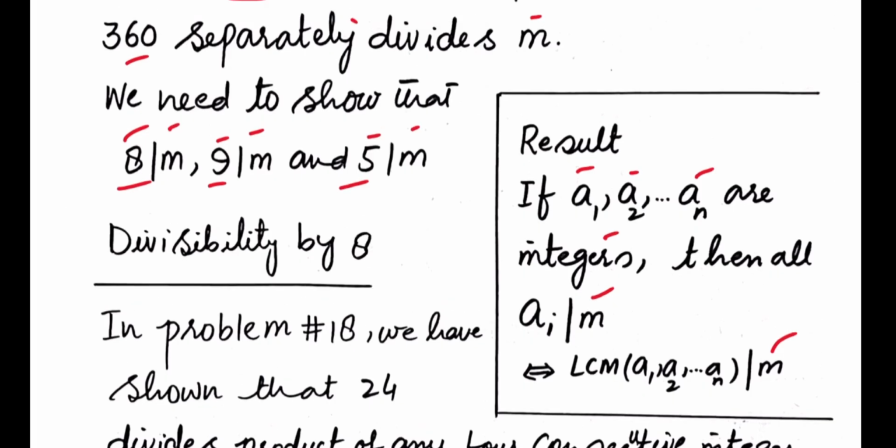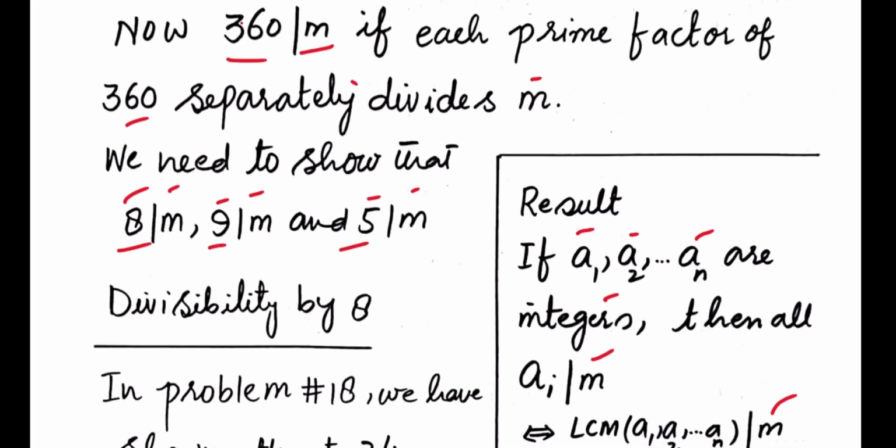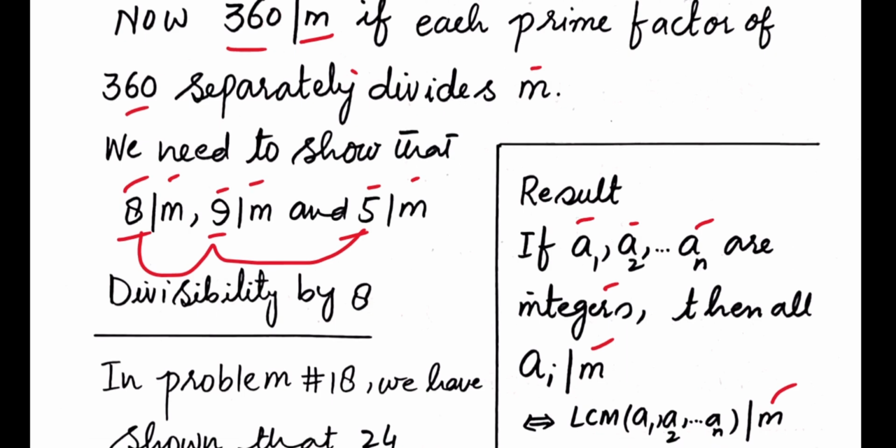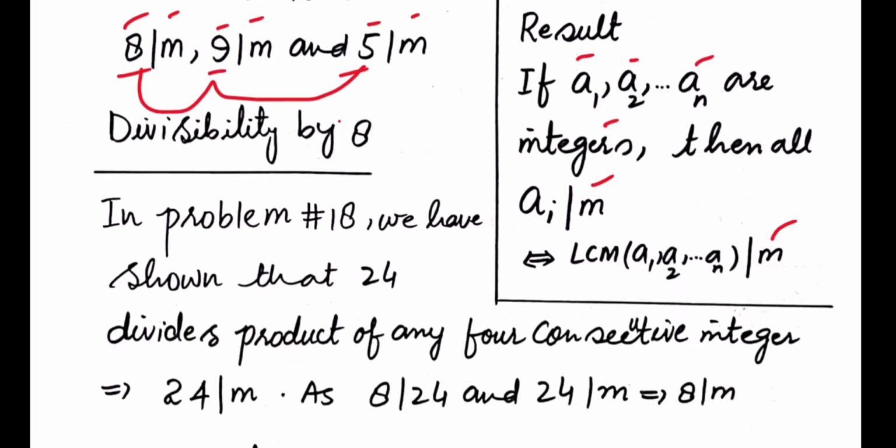So 360 is the LCM of 8, 9 and 5. 8 times 5 is 40, 40 times 9 is 360, yes. 360 is the LCM of these numbers. So if these numbers separately divide m, then their LCM, that is 360, also divides m. So our target is to show that each of the numbers divides m.